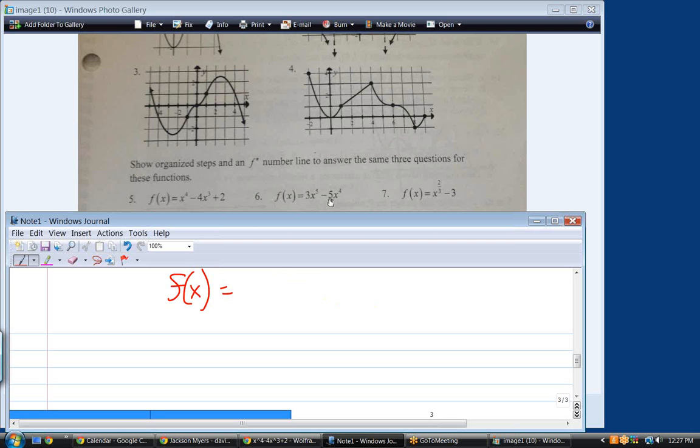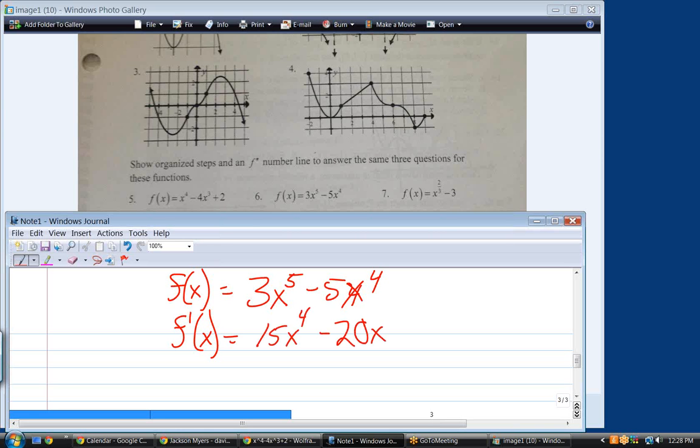Okay, so let's see. For number 6, the original function is that. So give me the first and second derivatives. All right, first derivative is 15x to the 4th minus 20x cubed.